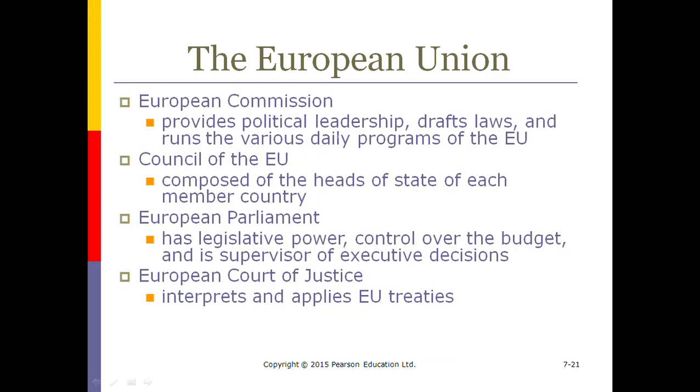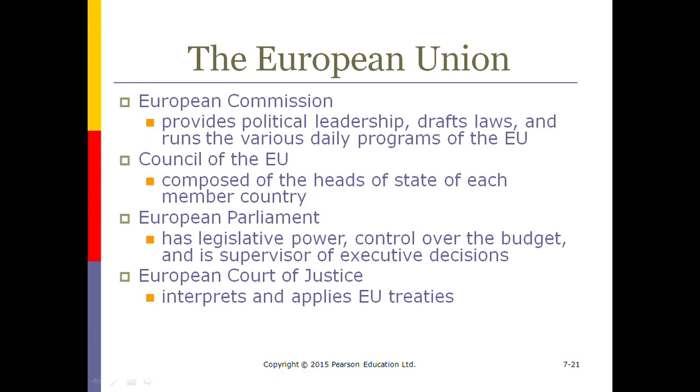Moving on, the European Union has a particular organization structure. First, at the top is the European Commission. It provides the political leadership, it makes the laws, and it runs the various daily programs or operations of the European Union. At the second level comes the Council of the European Union. They are composed of the heads of state of each member country.